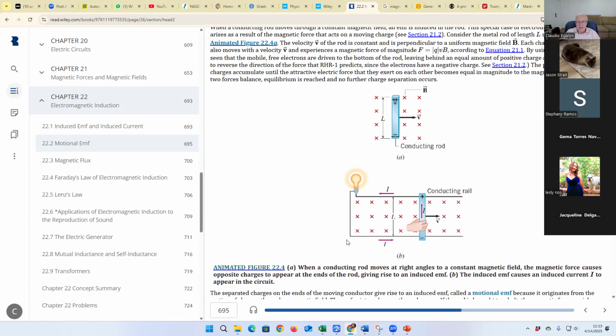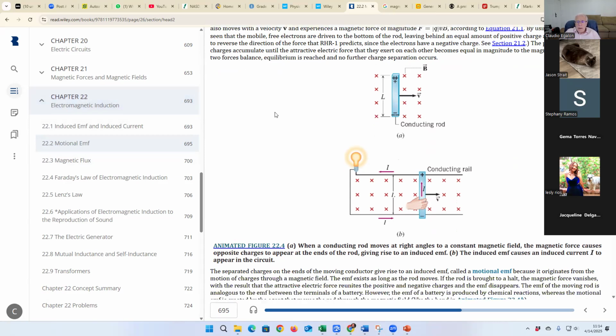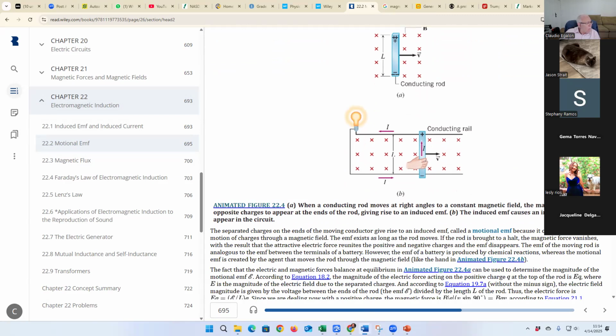Since the Earth has a magnetic field, you could, in theory, induce an electric current in the tracks of the railroad just by moving your train along this rail. Can you picture that? Let's solve a problem like that.